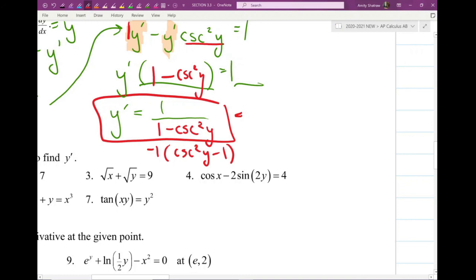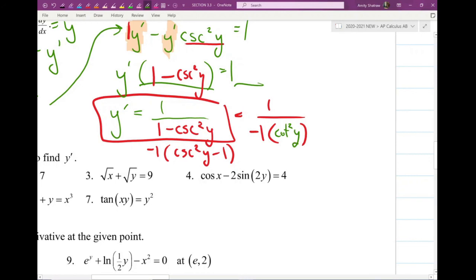And by the way, do you remember that there is an identity, and that identity is called cotangent squared y. So this is 1 over negative 1 times cotangent squared y.